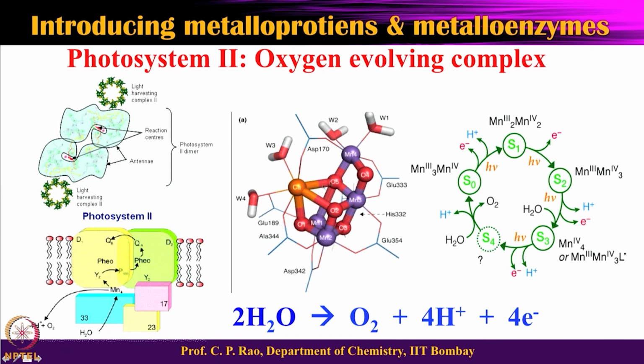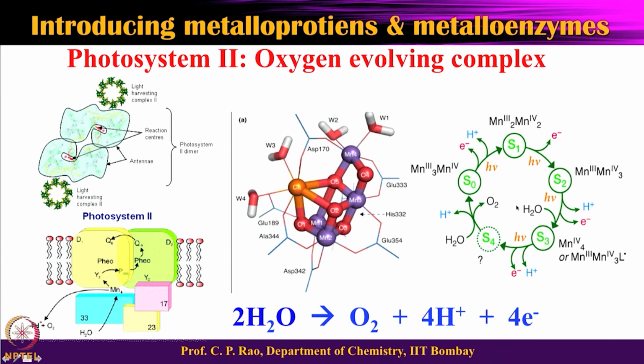At the manganese center you can see it is a kind of cubane, and the manganese and oxygen alternate, except one of them is replaced by calcium, and the fourth manganese is somewhere here, bridged by an oxo species.